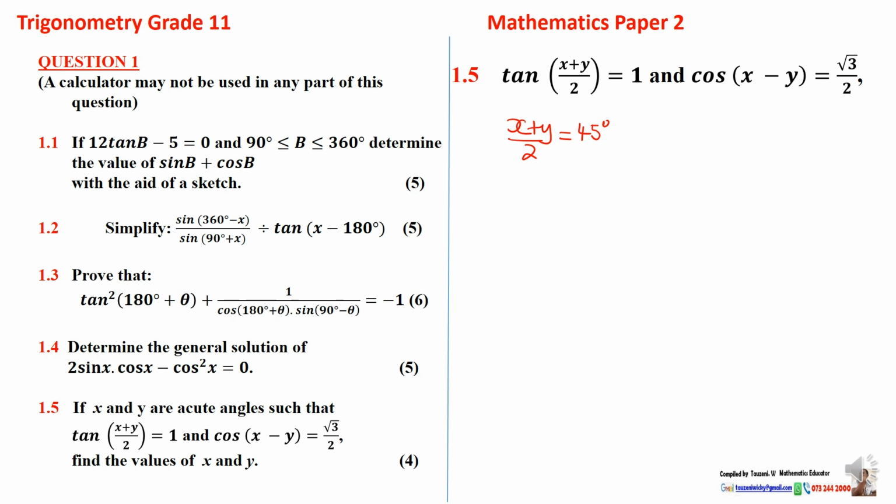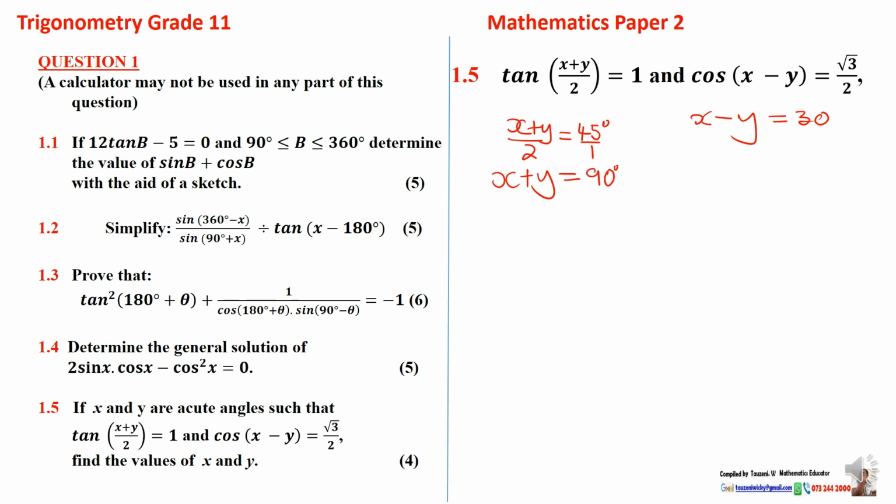Then the next one, we know that cos 30 is equal to root 3 over 2. So therefore x minus y is equal to 30 degrees. And there we are. That is our calculations. Then we can go ahead. The first equation is x plus y is equal to 2 times 45, which is 90 degrees.